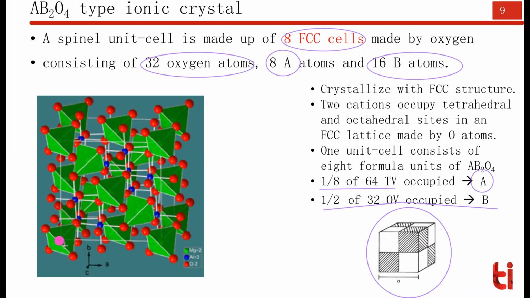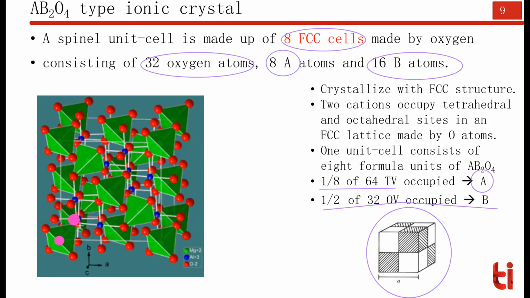So for example, in the front cube, the front lower left corner octahedral void is occupied, while in the back cube, the lower left back tetrahedral void is being occupied. Then alternately, if you go on top of that, the front will be occupied, then the back.